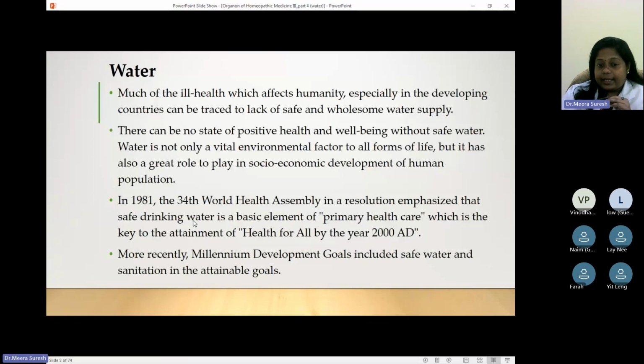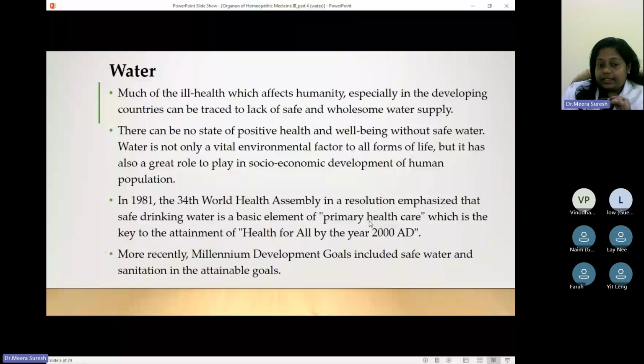So at that time they attached water as a part of primary health care. I'm not sure about the health system in Malaysia, but just as an example, in India, primary health care happens in each village or each panchayat, and there are associations that ensure that the water provided in that village is hygienic and sanitized enough.